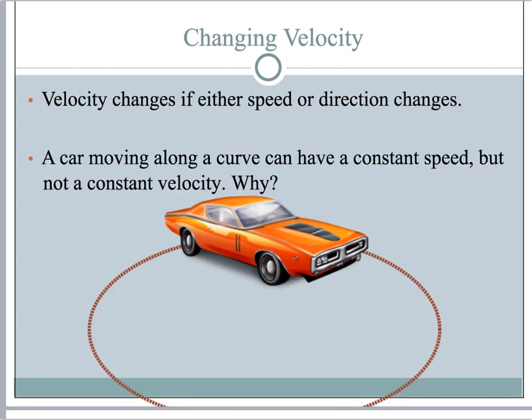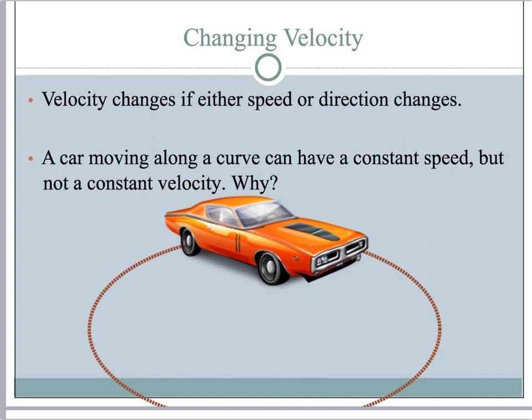How about changing velocity? Well, we haven't gotten into acceleration yet, but when velocity changes, there are two ways that it can change. A good way to think about it is your body notices when velocity changes. You feel velocity change. And the way it works is this: either the speed or the direction changes.